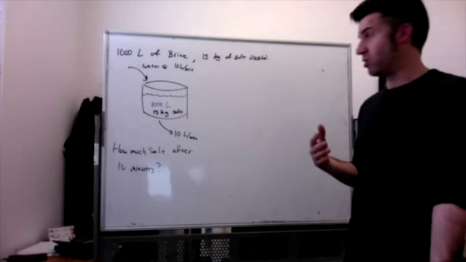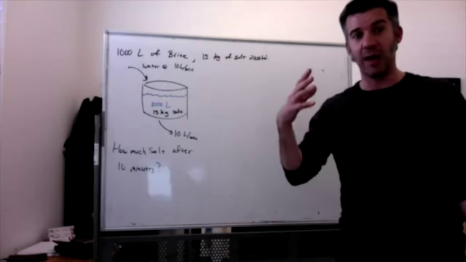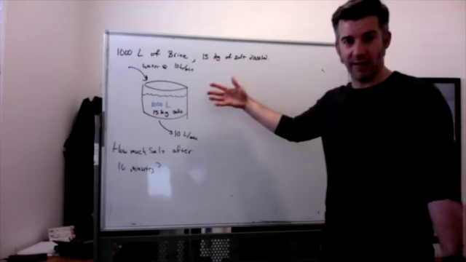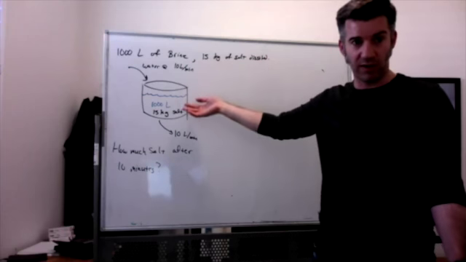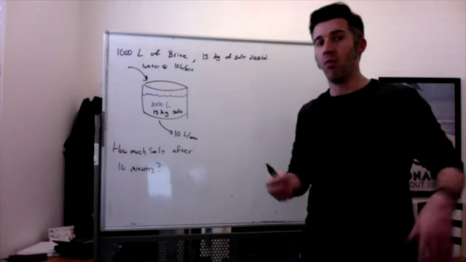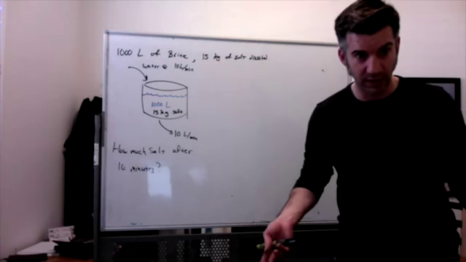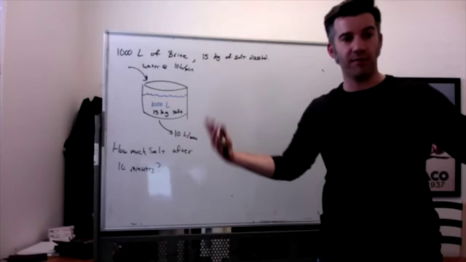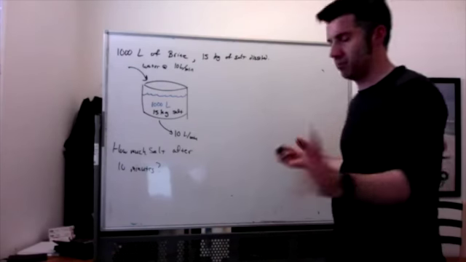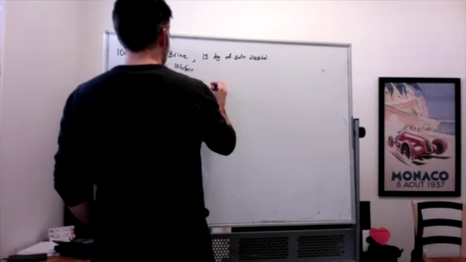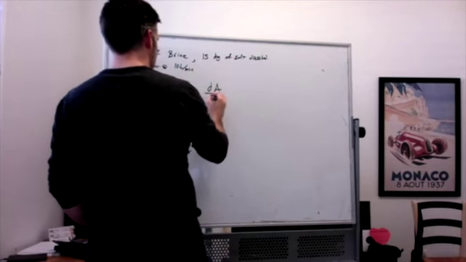So you want to set your equation for the amount of alcohol, not the percentage. This problem doesn't have that issue. You're told there's 15 kilograms of salt, but if I had said the brine was 1.5% salt, then we would have to multiply 1.5 times 1,000 to get 15. But okay, so we want to set up a differential equation for the amount of salt.